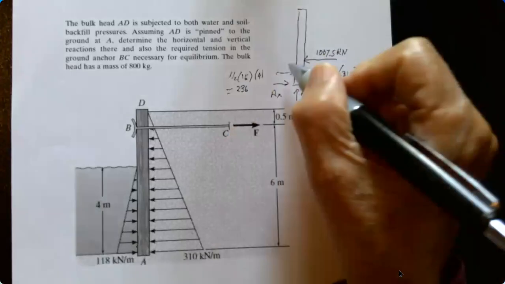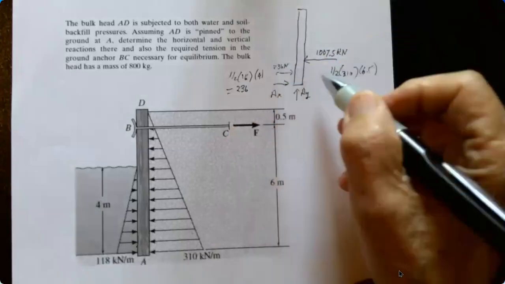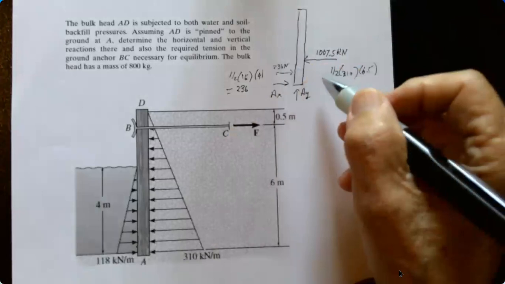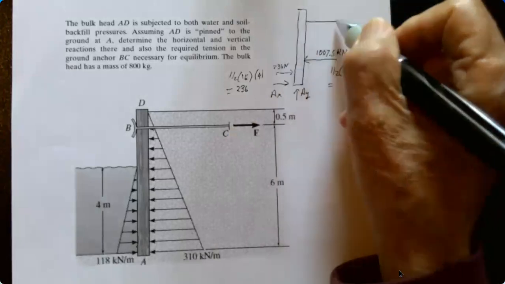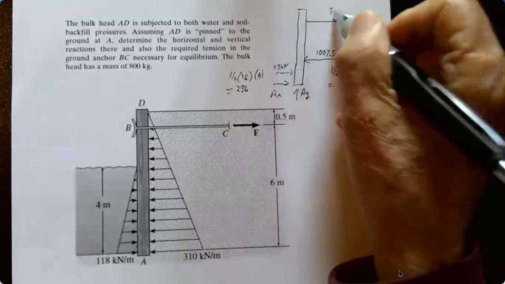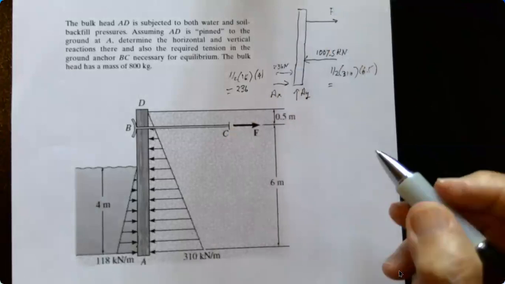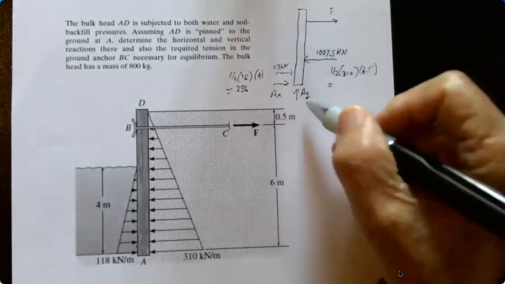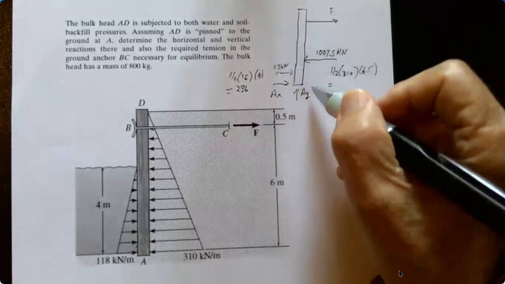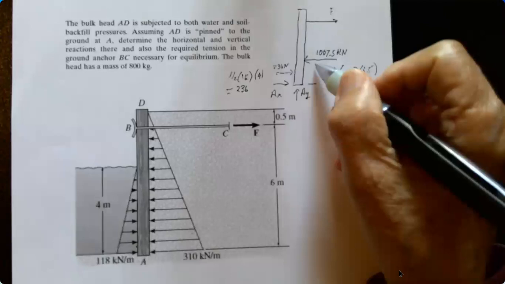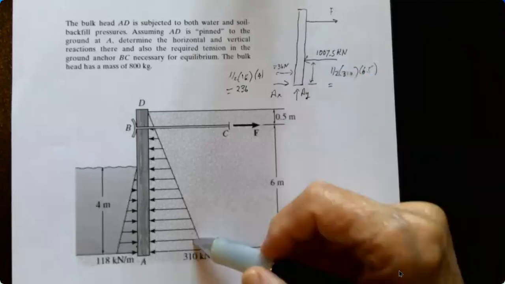So this is 236 kilonewtons. Okay, and then you have the anchor force in the anchor up here. So we're going to be taking moments about A. So this distance then is 2/3 the 6.5.